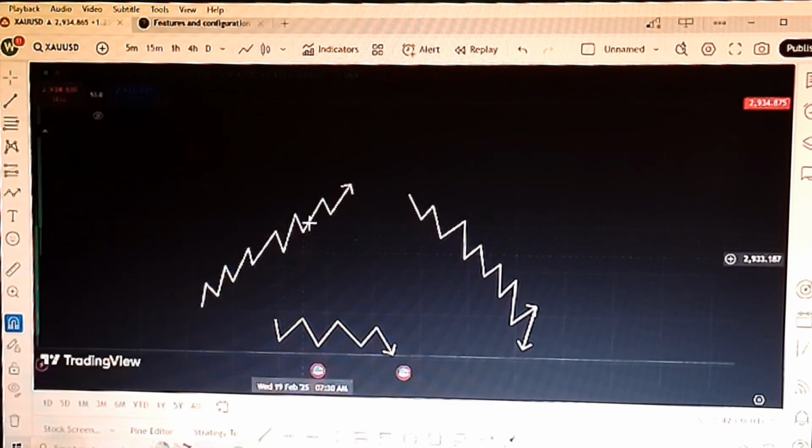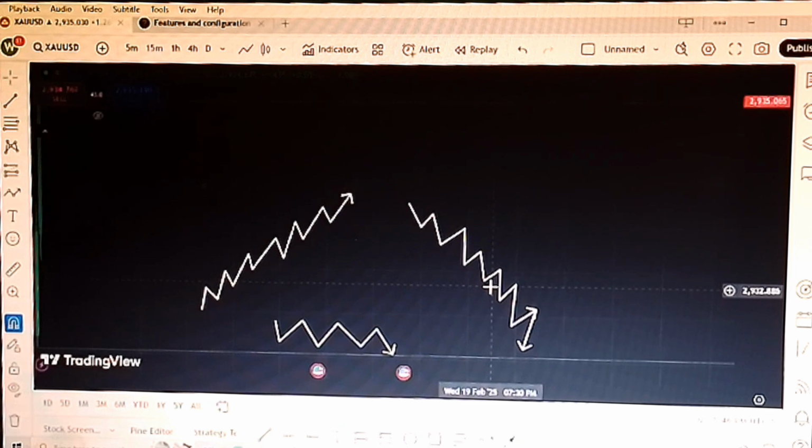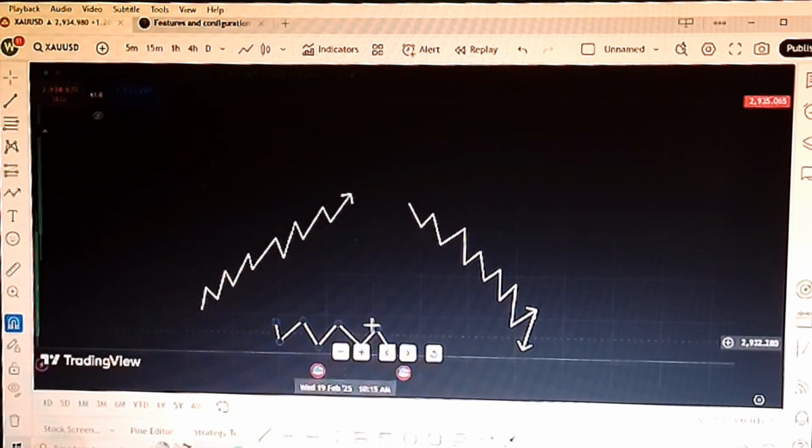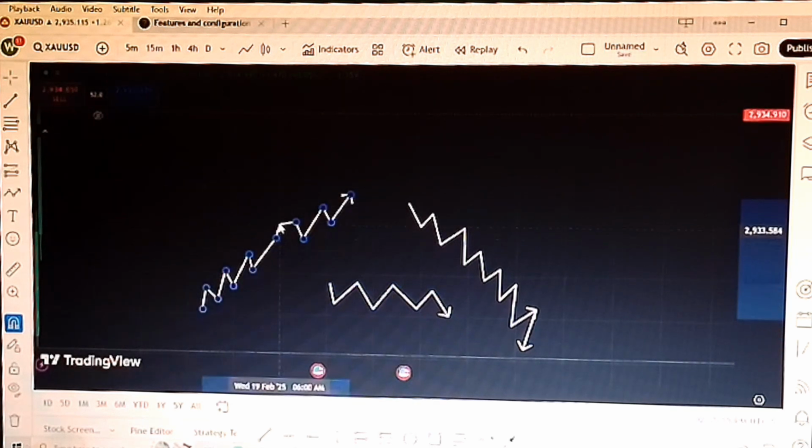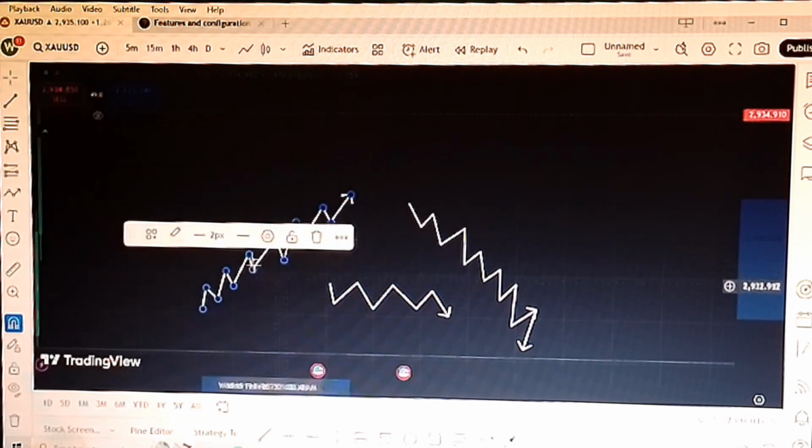This one is an uptrend, while this one is a downtrend. Uptrend, downtrend, and consolidating markets. Let me bring it up so you can see it very well. Very, very important.